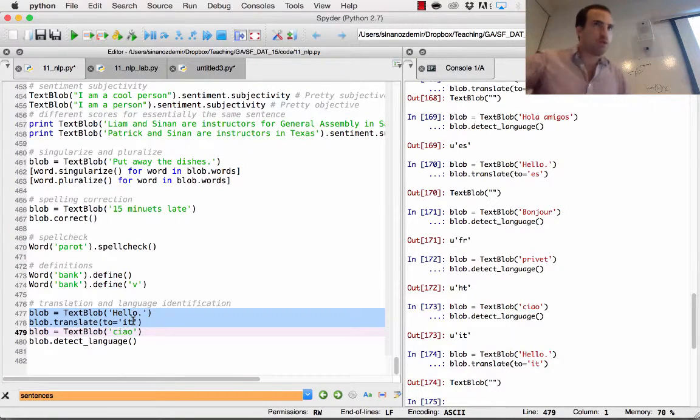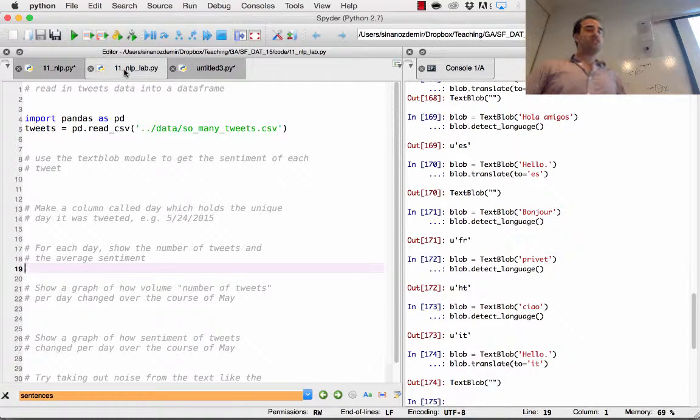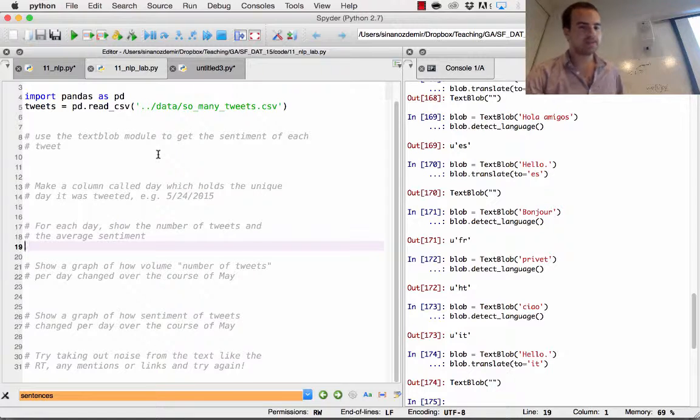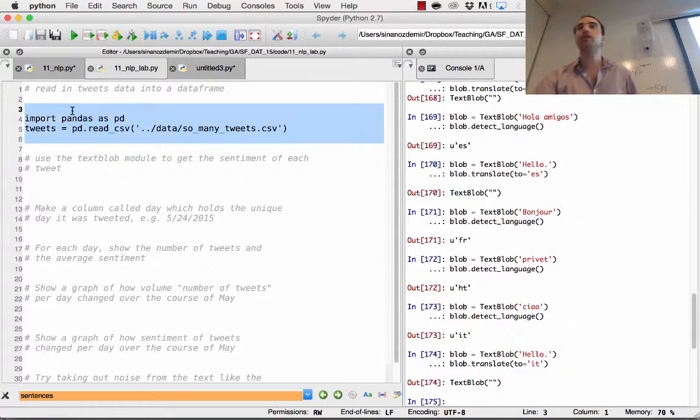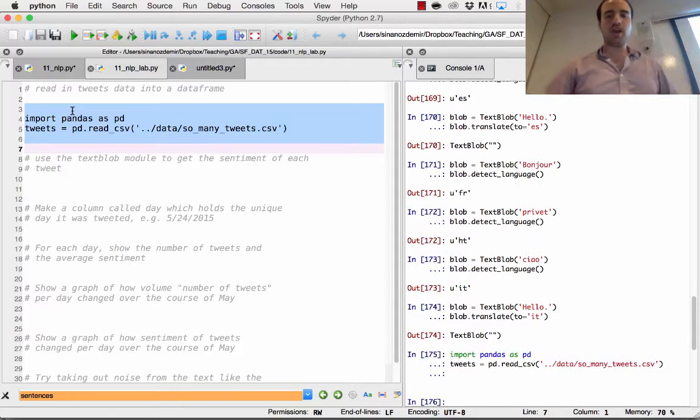And what I would like you to work on for the next 30 minutes is the lab. There are only 6 things to do. One is to read in the text file, which I've already read in for you. Here's what it looks like. I want you all to import a CSV called tweets.csv.